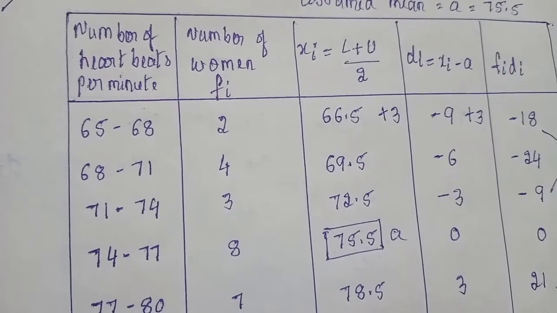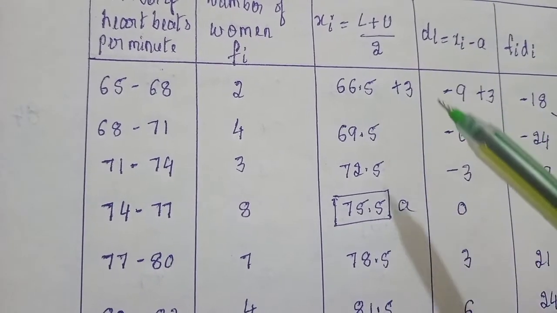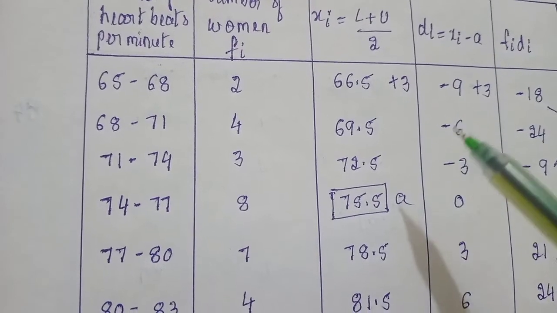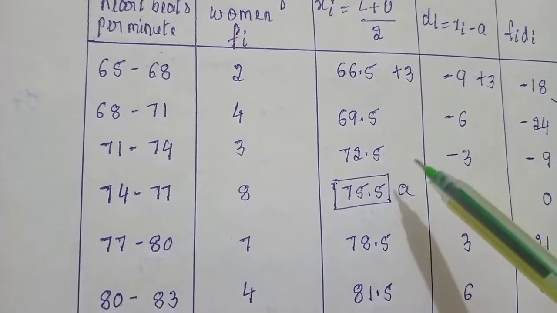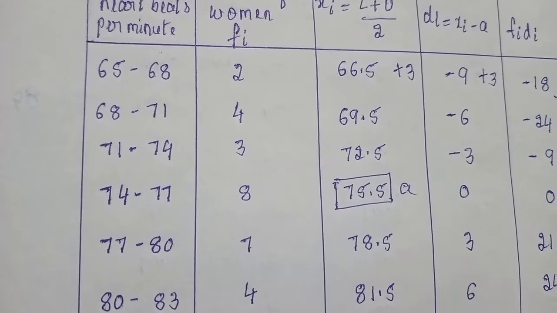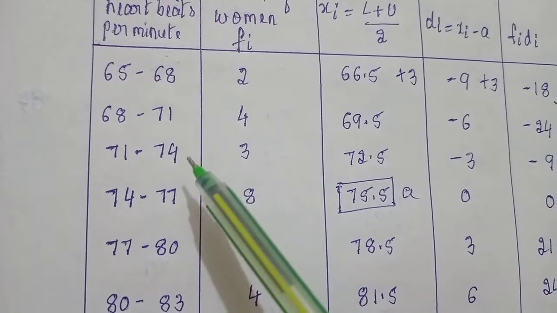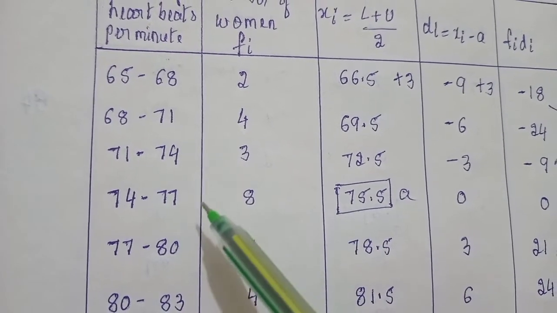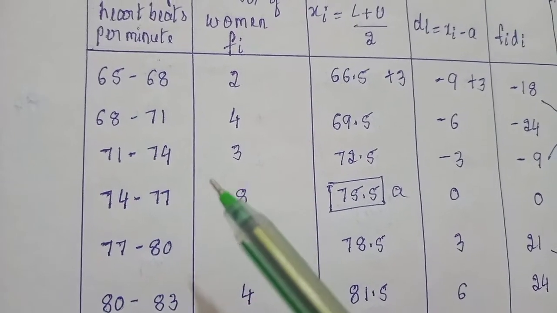As I said before, it is not necessary to apply this formula for every class mark. Instead, you add the class size to get the remaining class marks. So what is the class size? 71 minus 68, 74 minus 71. When you subtract, we see that it is 3. 3 is the class size.